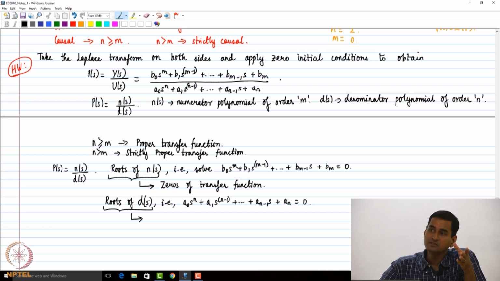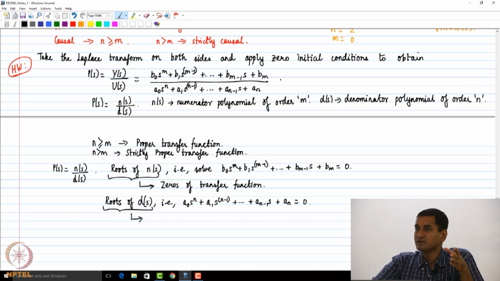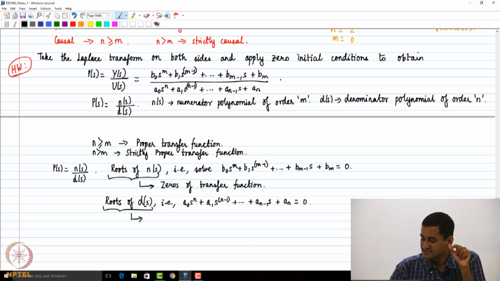Now if I have a complex function f of s, and in the s domain at certain points the function does not exist and its derivatives do not exist, those values of s are called singular points or poles. We discussed it some time before, when we briefly discussed complex variables. So consequently, the roots of d of s are called the poles of the transfer function.